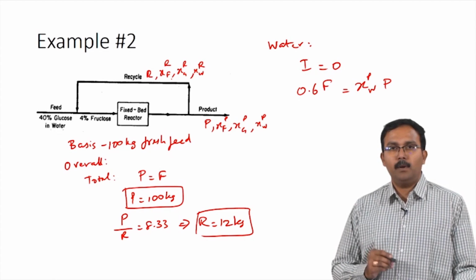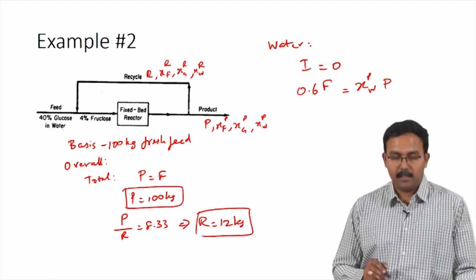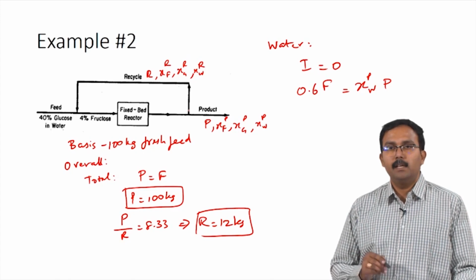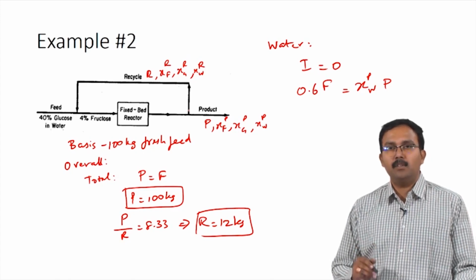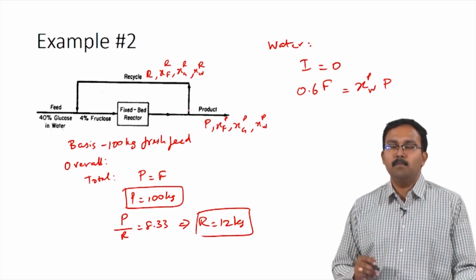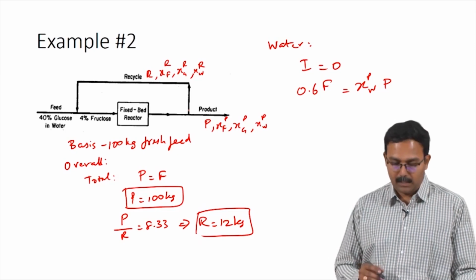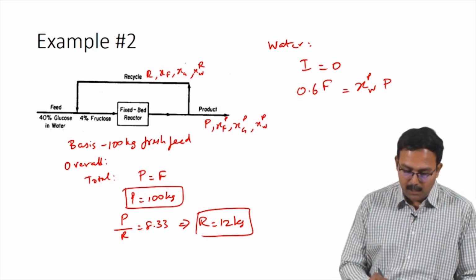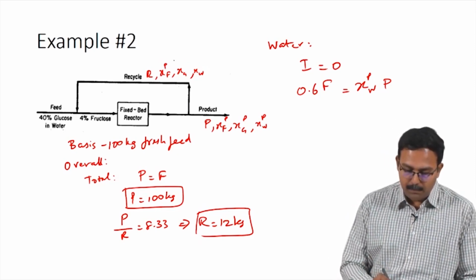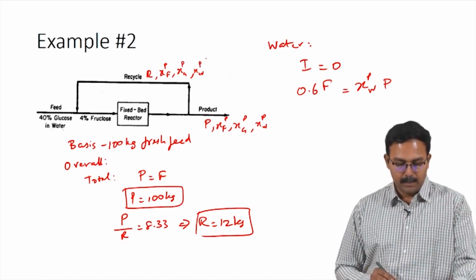However, one important information we have from the flow sheet is we do not have any separator, we only have a splitting point. This means the mass fraction of fructose, glucose and water in the recycle stream would also be the same as the mass fractions seen in the product stream. So, this means these values would also be XPF, XPG and XPW.